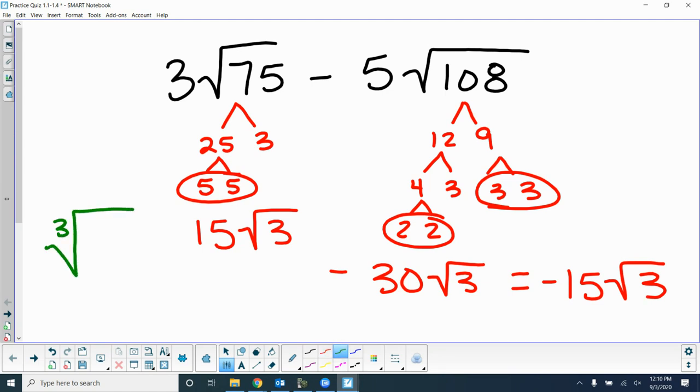That's a cube root. For square root, we look for groups of 2. For cube root, we look for groups of 3. Yeah, that's all different. So we could do those if we had to. We will eventually. Okay.